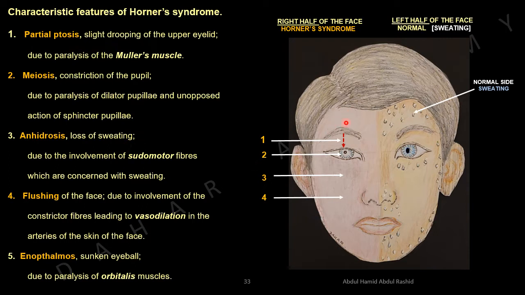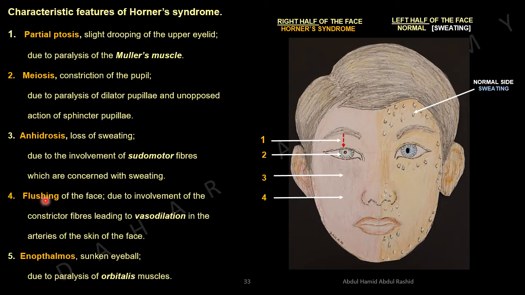That means this side will be dry due to the involvement of pseudomotor fibers, which are concerned with sweating. On the normal side, you may see sweat, but on this Horner syndrome side, there is no sweating and it is dry.